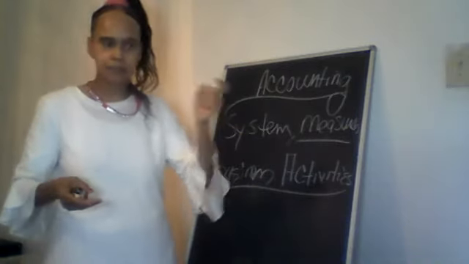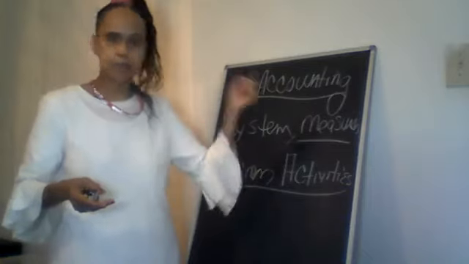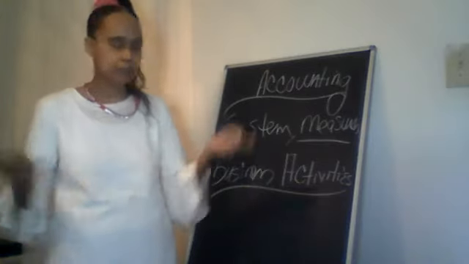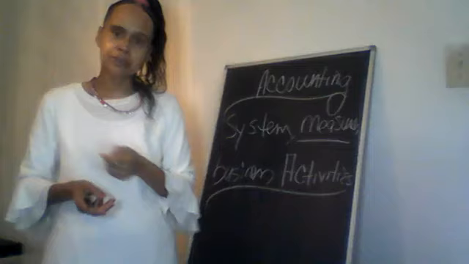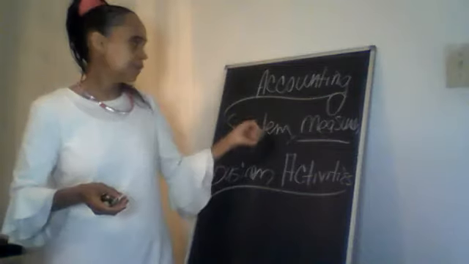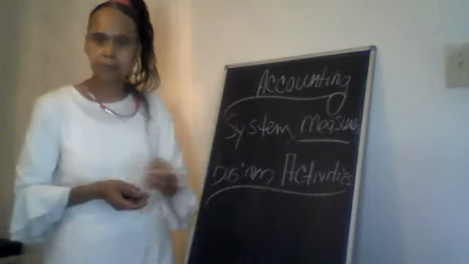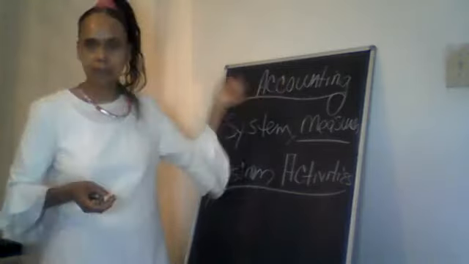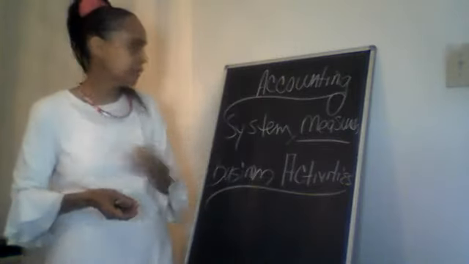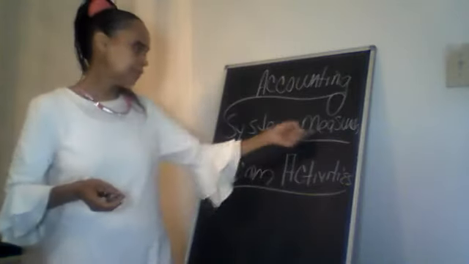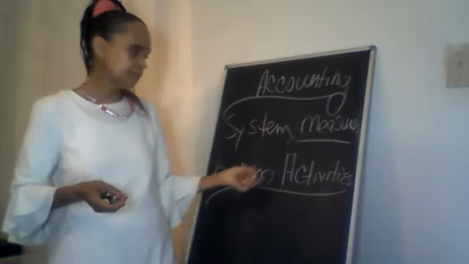I had a video previously on my channel where I talked about information systems. So an accounting system would be an information system. You are gathering accounting information and measuring the business activities.